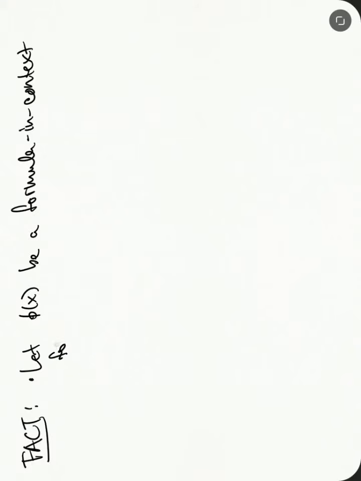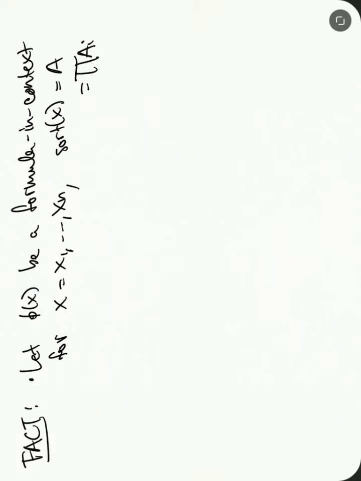But let me first give you a fact: let phi of x be a formula in context for x1 through xn, and let's say that the sort of x is A, and this is really a product of the A_i, a bunch of other sorts. Okay, so we have this formula in context here.